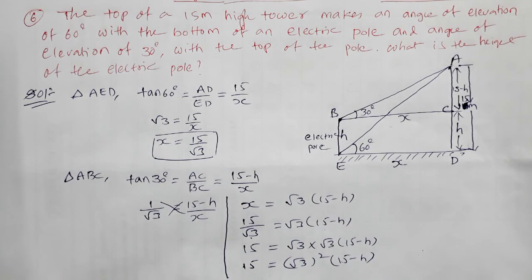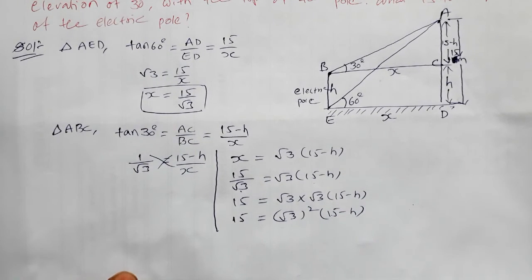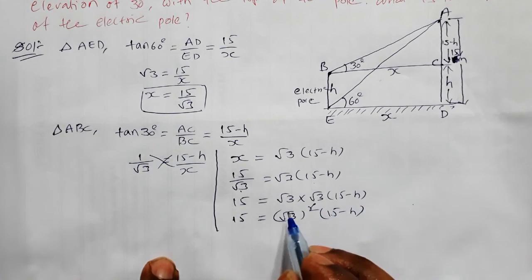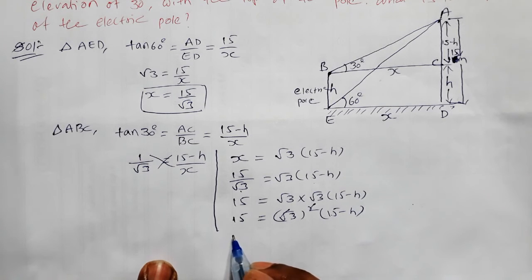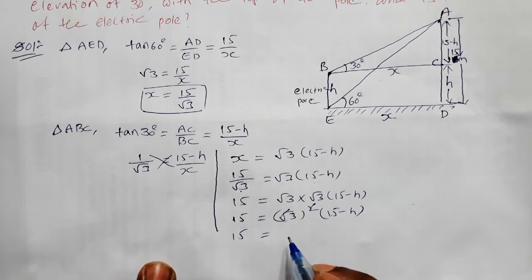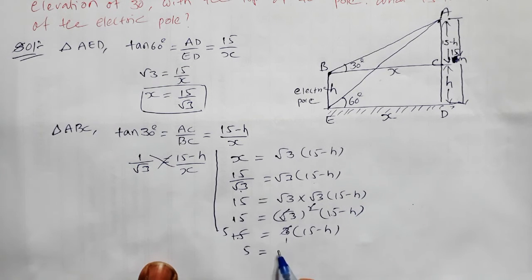Yes. Square root cancel. 15 equals 3 into 15 minus h. We can cancel these both. 1 time, 5 times. So 5 equals 15 minus h. Now h you take on the right hand side, 5 on the left hand side.